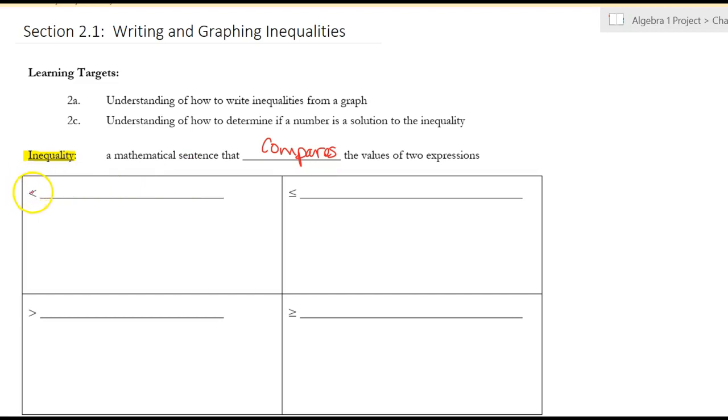So we have "is less than." Less than usually means minus or difference or subtract, but when you throw the word "is" in front of it, it turns it into an inequality. This one here that has the line under it is "is less than or equal to."